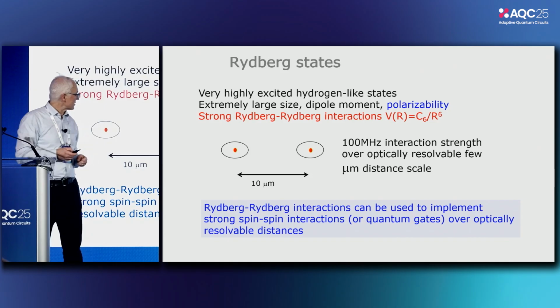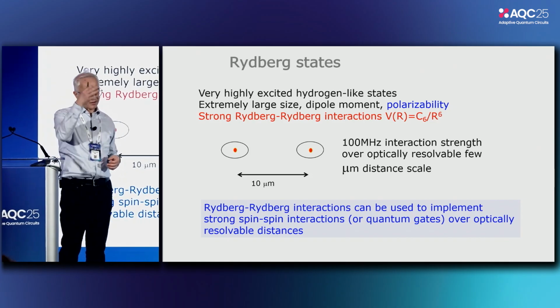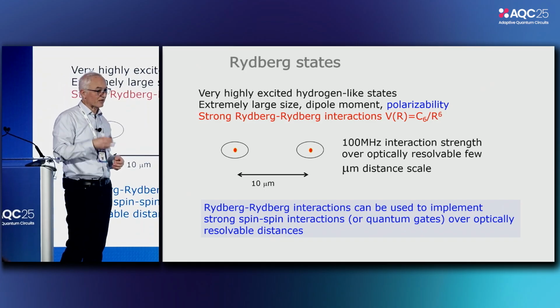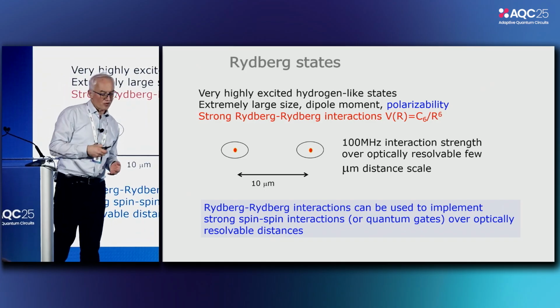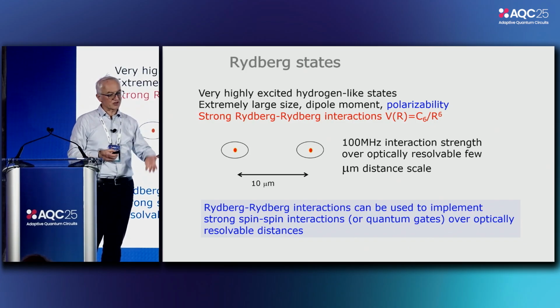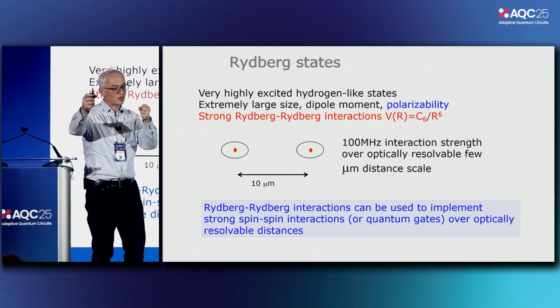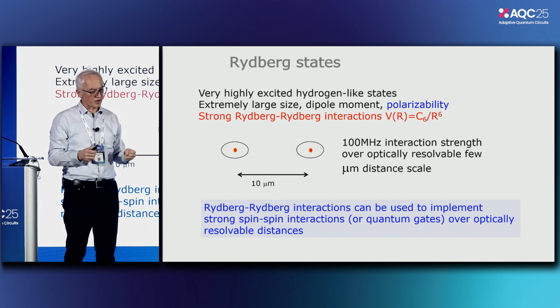The way it is done is one goes to a very high principal quantum number. In the beginning, people did something like n equals 100. Now the optimum has maybe shifted down to n equals 50. Nonetheless, think of hydrogen in the 50s state. What happens is that the electron is very floppy. It's very far from the nucleus, so the electric field of the nucleus is very weak.